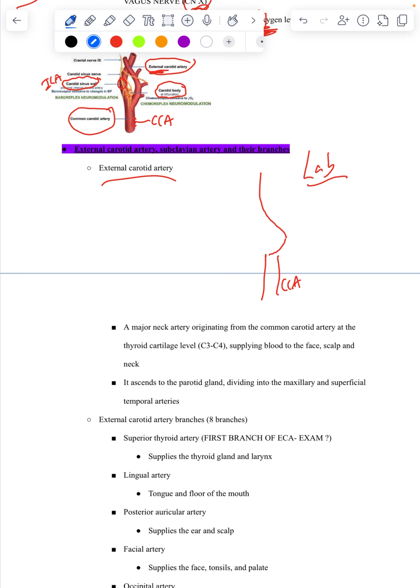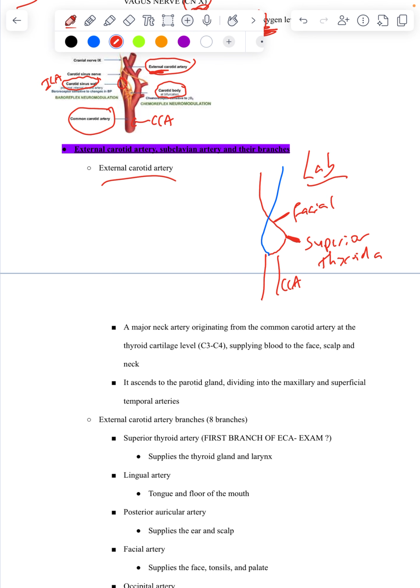And then internal goes like this, whatever. So external is going to, for lab, the first branch, it's going to go to your thyroid and the top part of your thyroid. So superior thyroid artery. That's the first branch. The second branch for lab is going to go to your face and its facial artery.